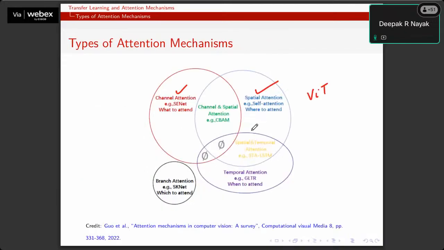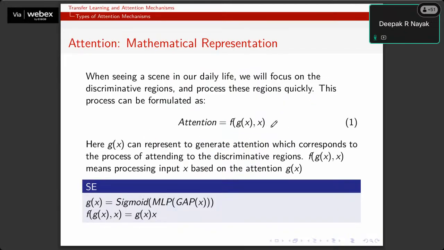But before I discuss channel attention, let us try to understand the mathematical concept behind this attention mechanism. As I mentioned earlier, it is nothing but a dynamic selection process. And how can we represent any attention mechanism with the help of these expressions? We can express any attention mechanism with this expression: f of g of x, x. So this g of x is nothing but the attention score, and it will definitely vary from attention mechanism to attention mechanism.